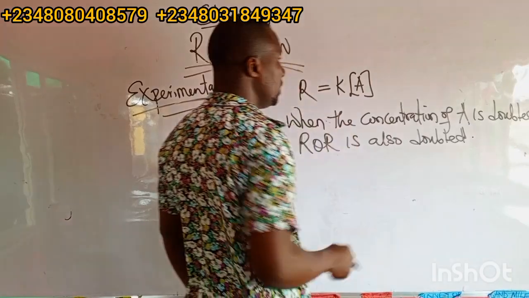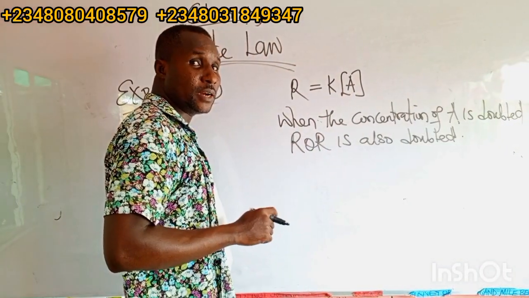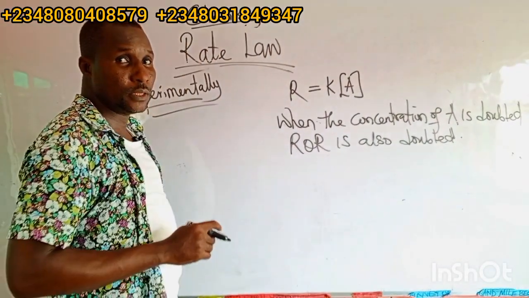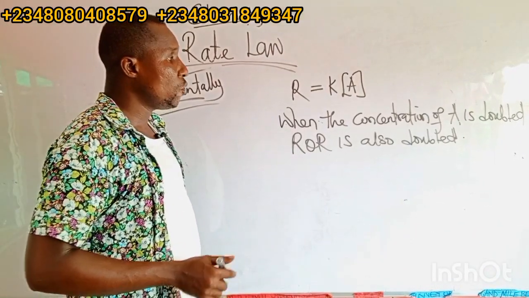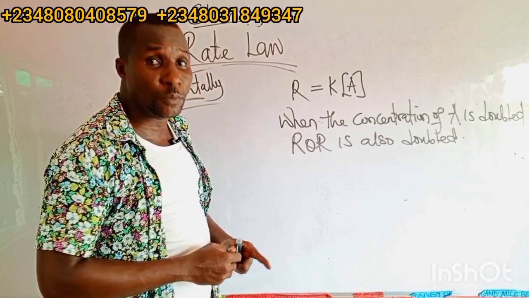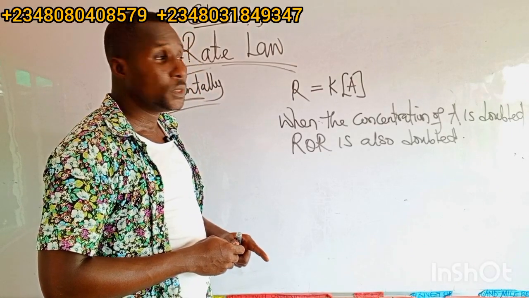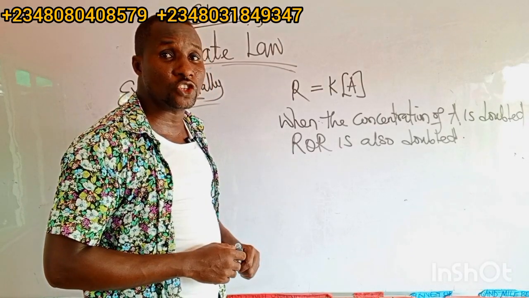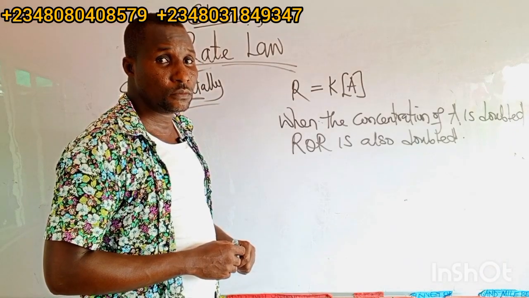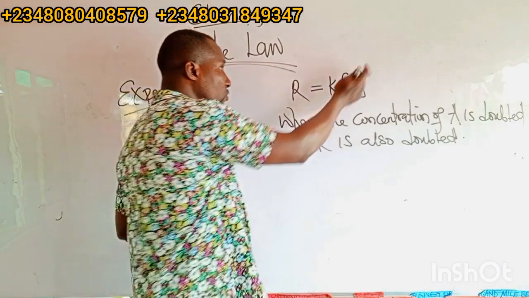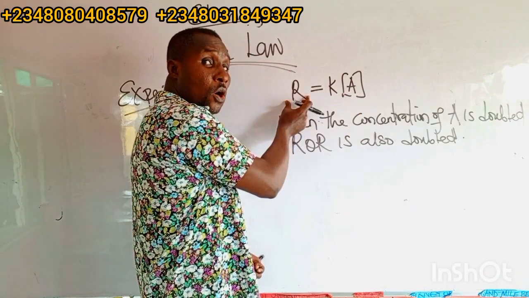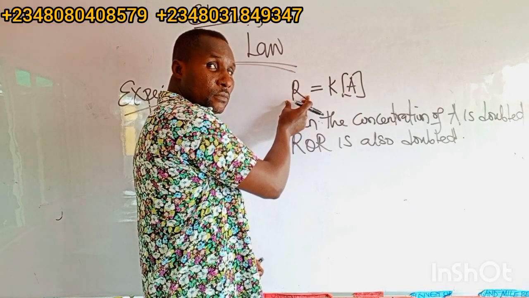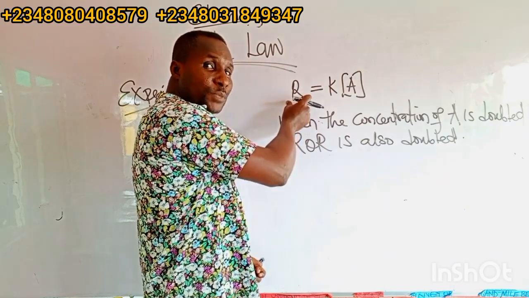In first order. Take note, I will explain the meaning of order to you. In first order, when the concentration is doubled, the rate of reaction is also doubled. And this is first order. It has been done experimentally.